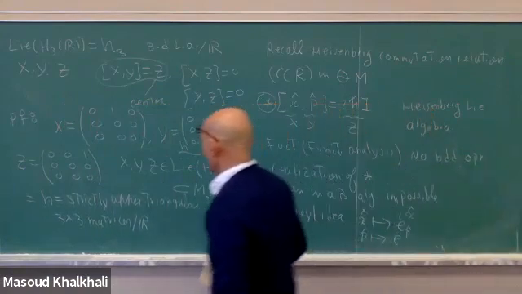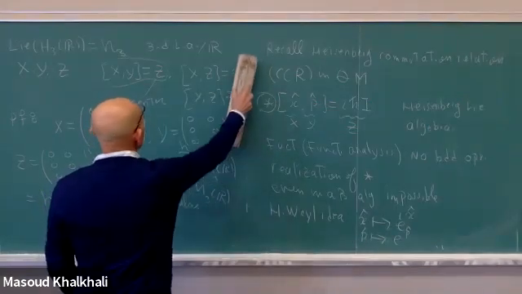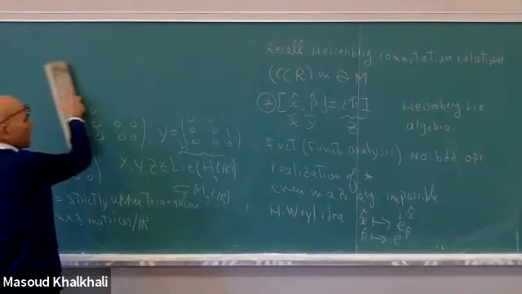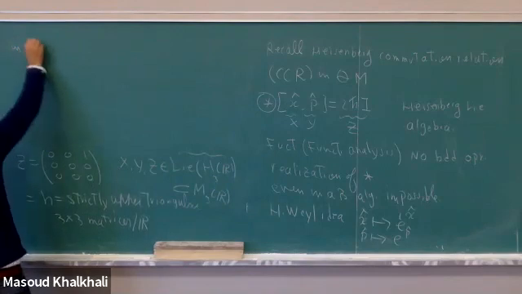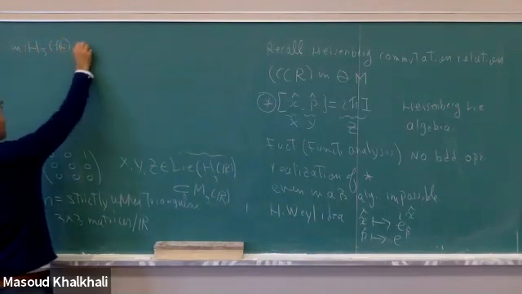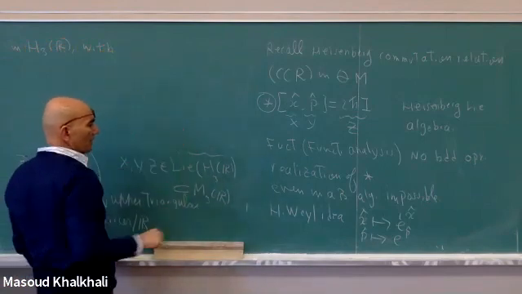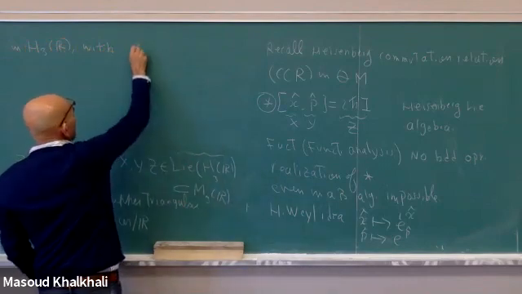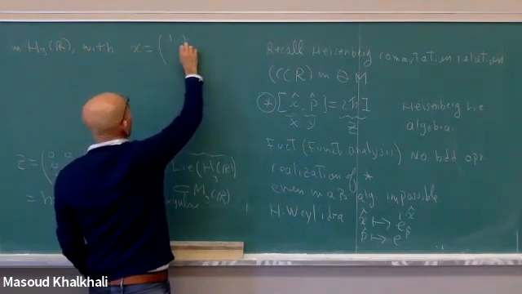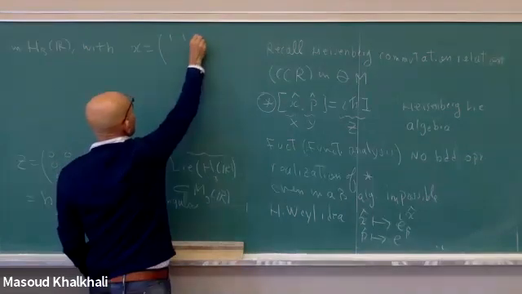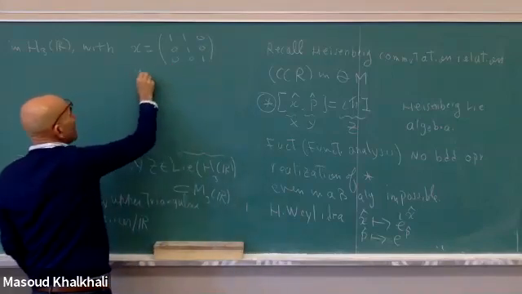So let me write it in the Heisenberg group. These elements satisfy the following relations. Let me write it in H3(R). Now I'm going to introduce a very arbitrary notation. So x equal to the matrix with rows 1 1 0, 0 1 0, 0 0 1, and y equal to the matrix with rows 1 0 0, 0 1 1, 0 0 1, and then z.